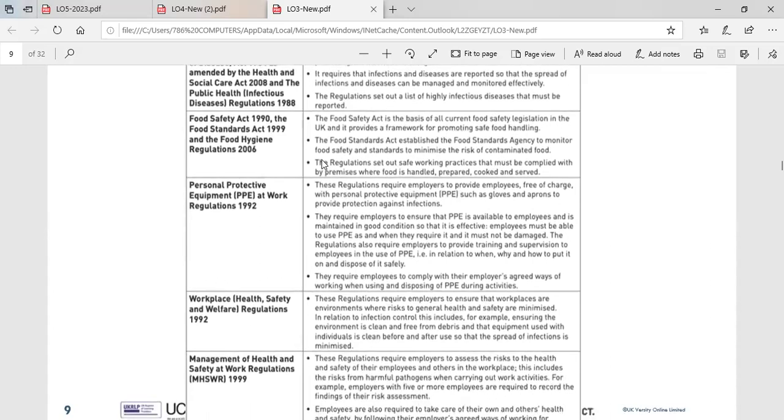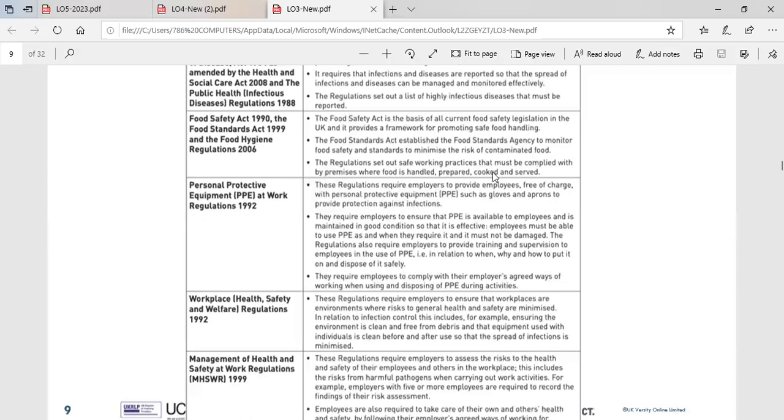Food Safety Act obviously has to do with food safety and food hygiene regulations. You have the Food Standards Act in 1999. So the Food Safety Act will work on all current food safety legislation. They provide a framework, and whoever is not abiding by it would not be regulated.